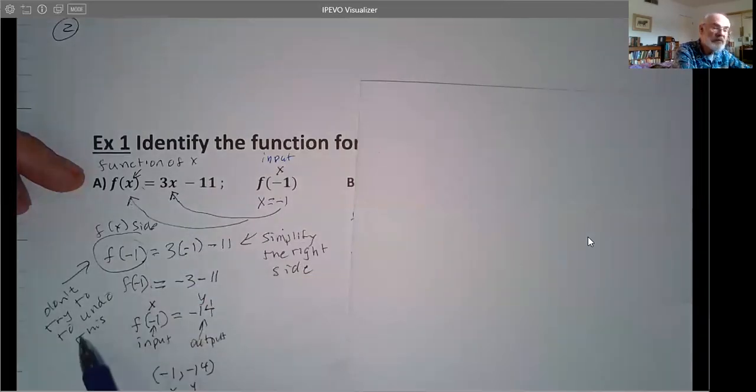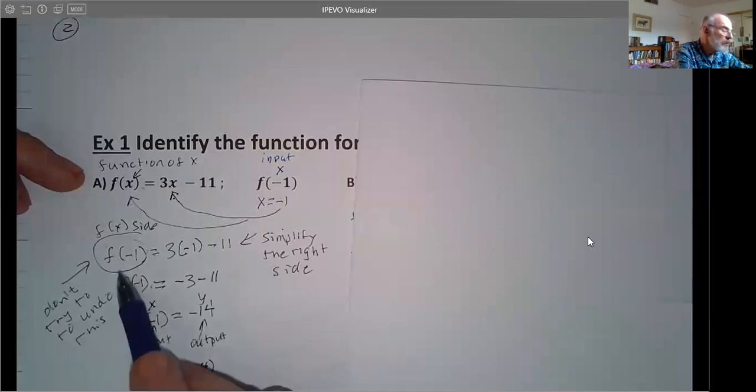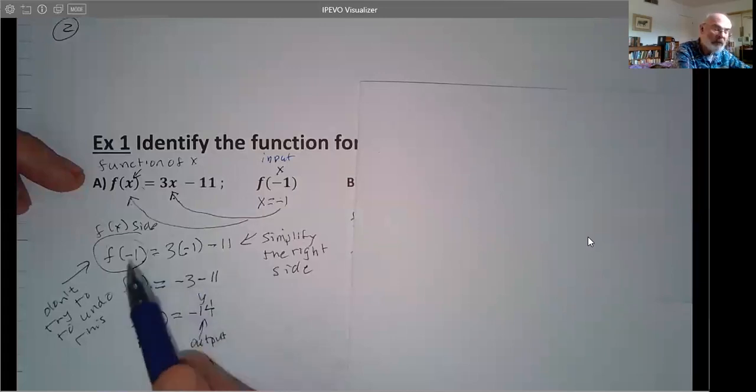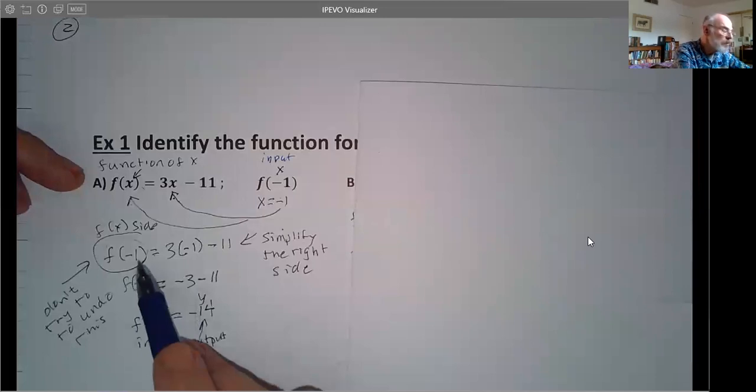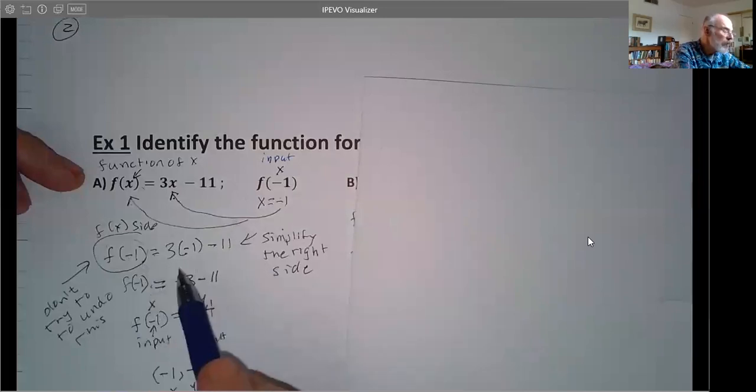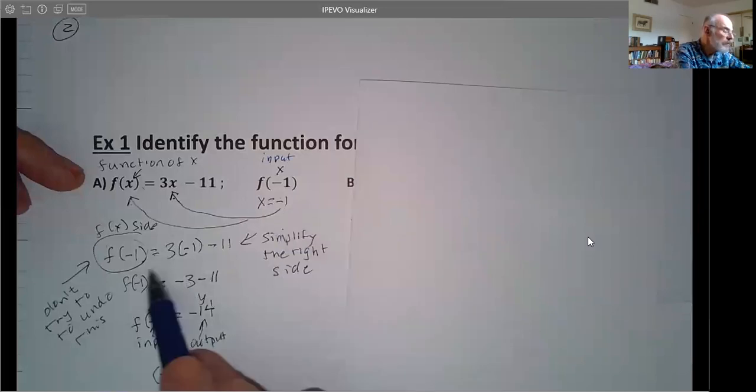So here's where things differ. With regular equations, you would be undoing both sides of the equation, with the equal sign being in the middle. If you took something from one side, you would take it from the other side. You don't do that here. This is really just a signpost telling you what the input is. All you're doing is putting that in wherever you see the x, in this case replacing x with -1.